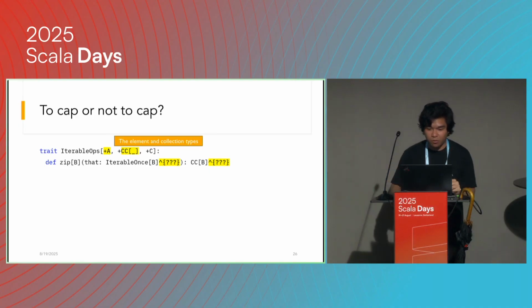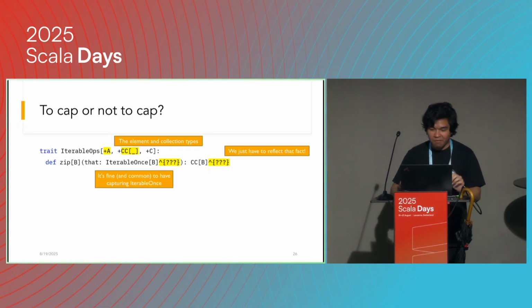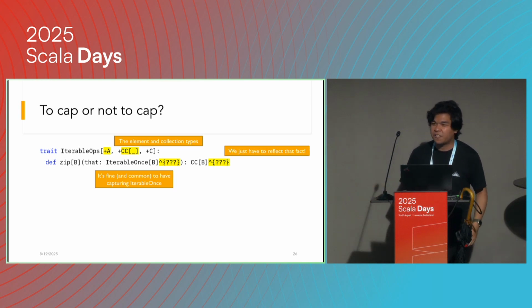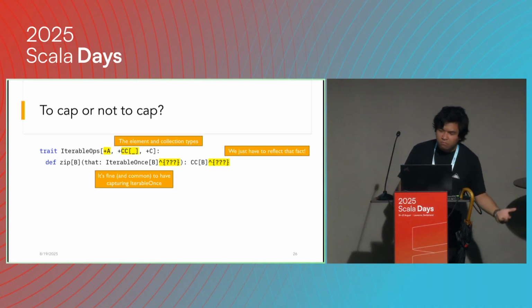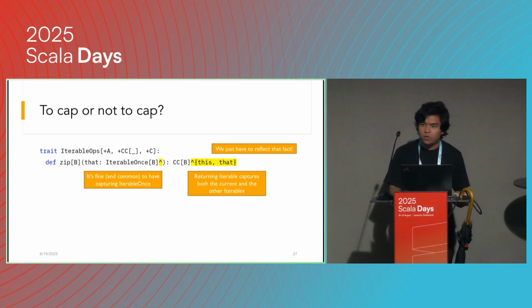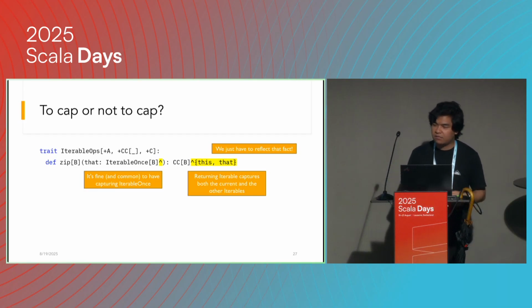I think it's fine and common for everyone to think that, oh yeah, the iterable can be anything, including an iterator that captures all your functions. So we should take everything and reflect that fact. So that should take a hat, and the return type should take this and that.